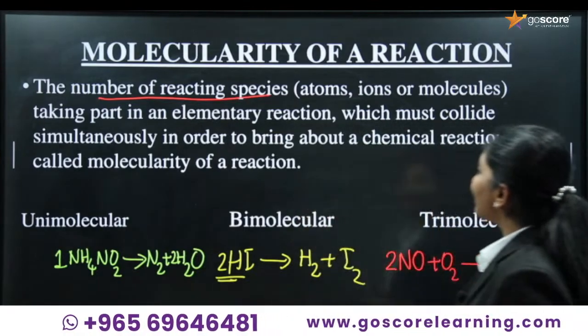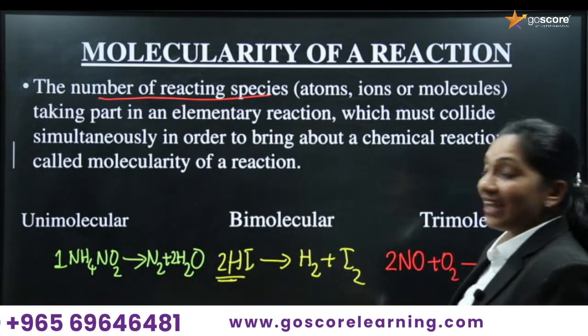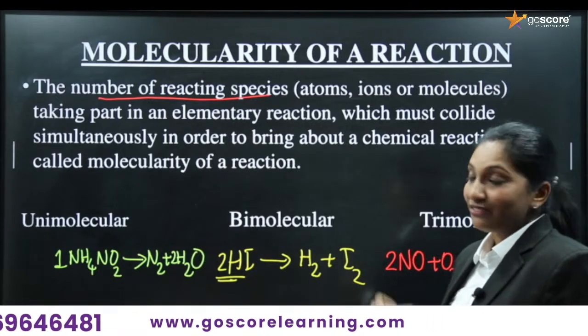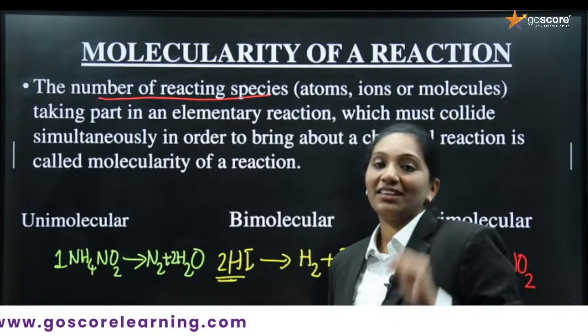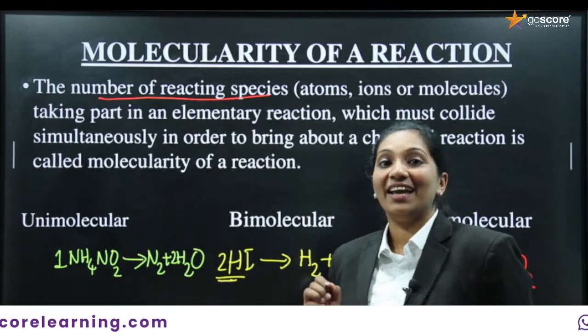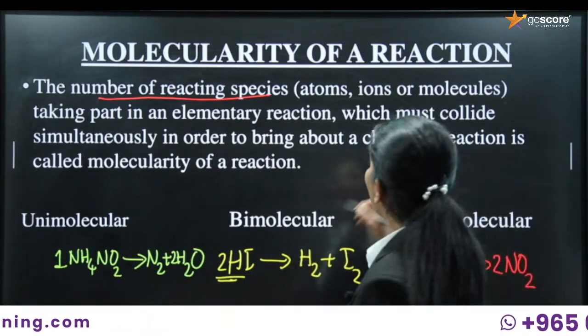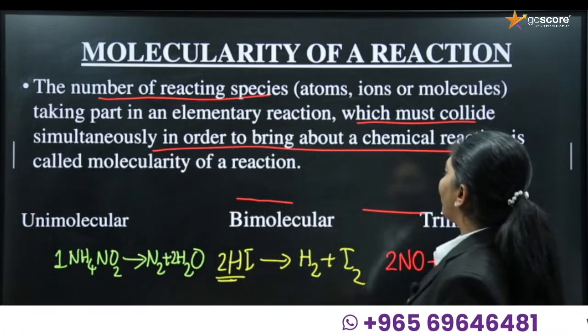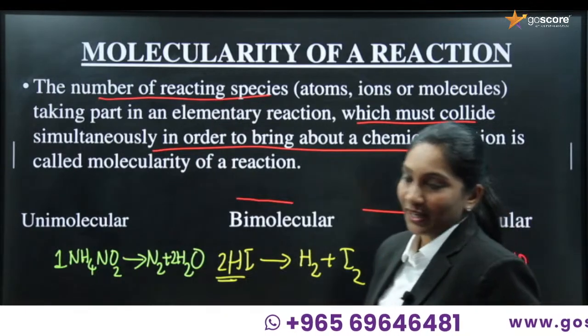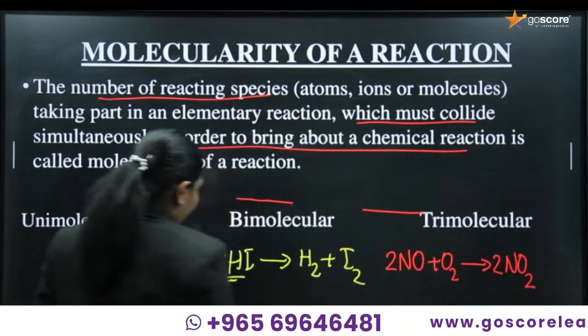It is the number of reacting species taking part in an elementary reaction. We consider molecularity only for reactions that take place in a single step, that is elementary reactions, in which the species must collide simultaneously in order to bring about the chemical reaction.